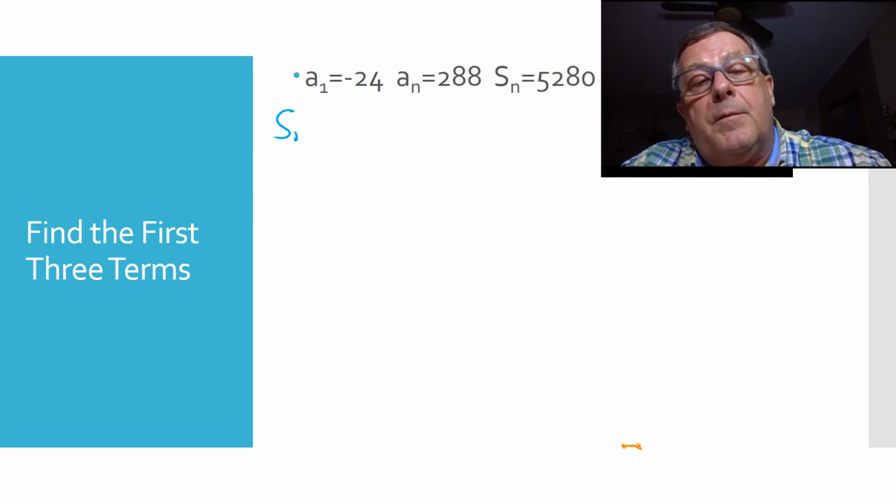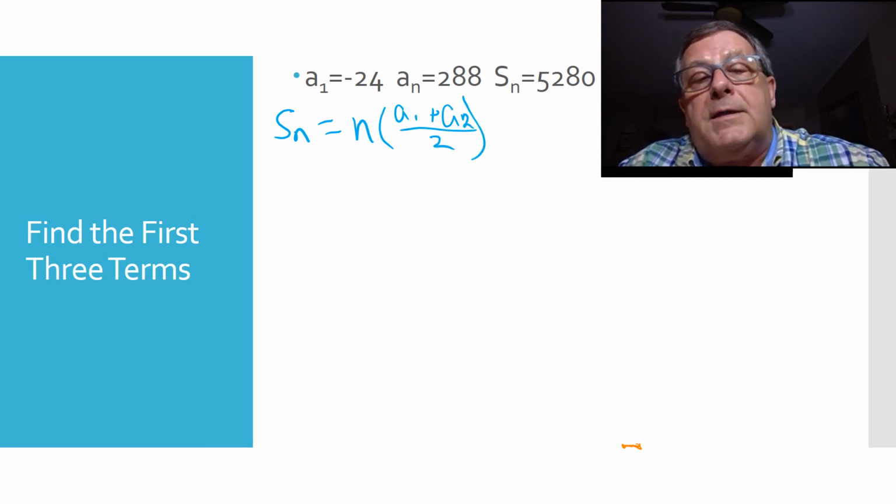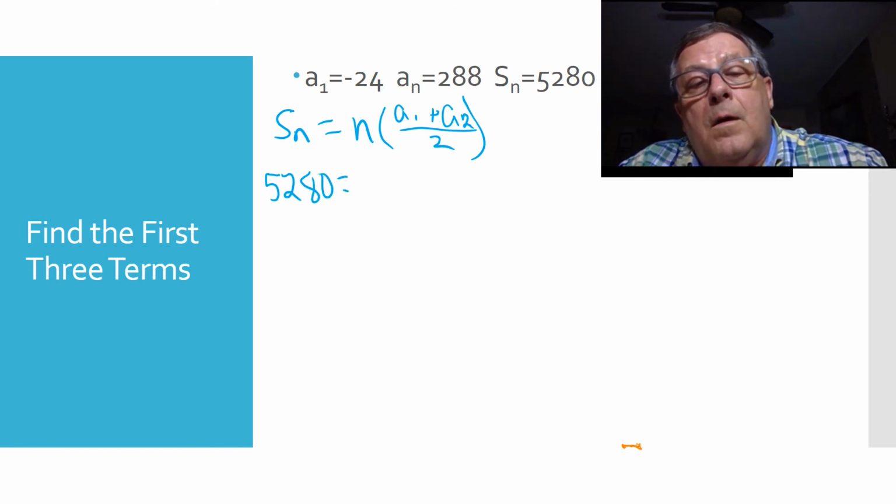Let me write it again. Sn, this is the general formula, equals n times a1 plus an over 2. So Sn is 5,280. n is what we're trying to find at the moment.